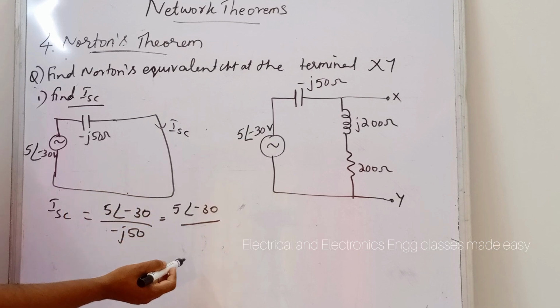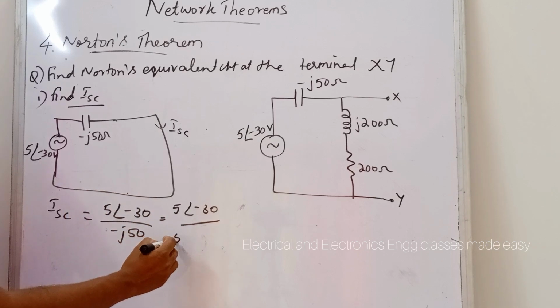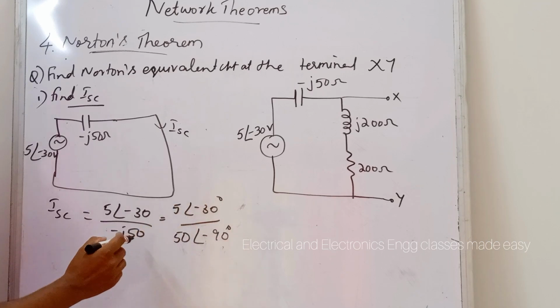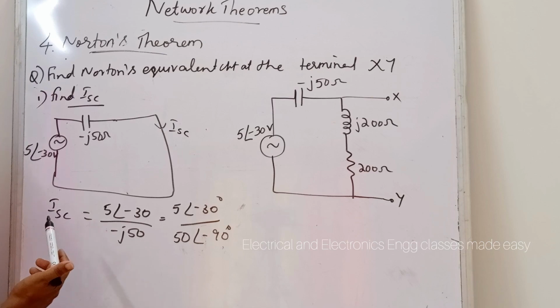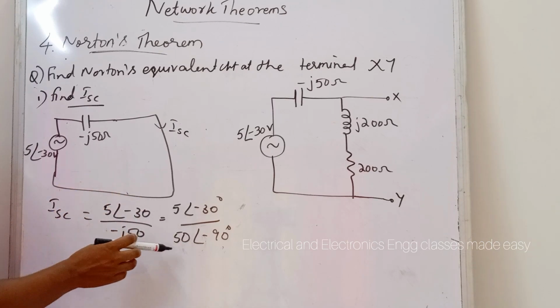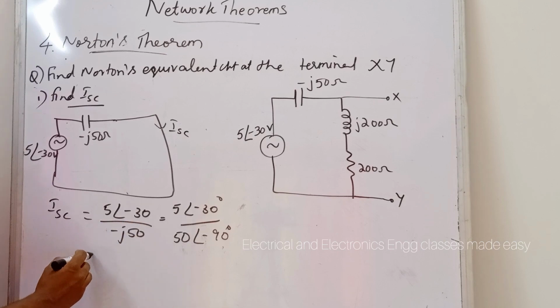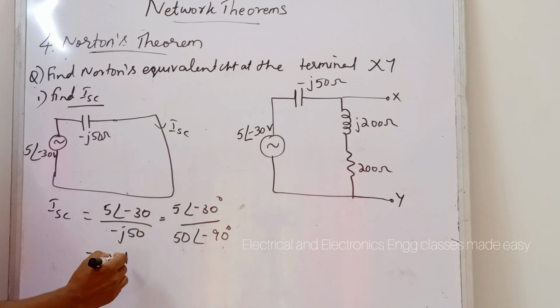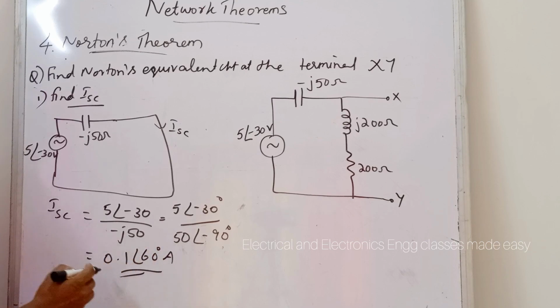We have to convert into polar form, and in polar form we will get 50 angle minus 90 degree, and the conversion we have already discussed, and if you didn't watch, please go through it, and the link will be given in the description box. That is equal to 5 divided by 50 is 0.1, then minus 30 plus 90, that is angle 60 degree, that much ampere. So ISC is equal to 0.1 angle 60 degree ampere.